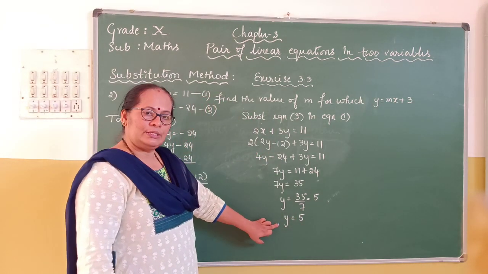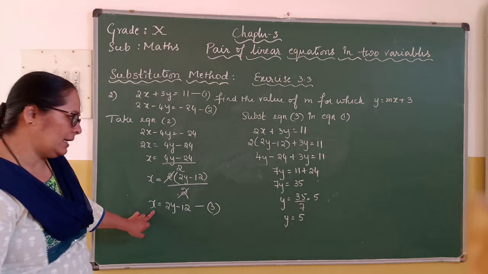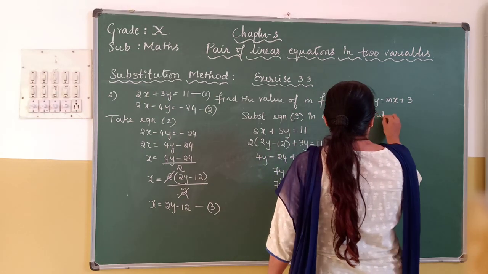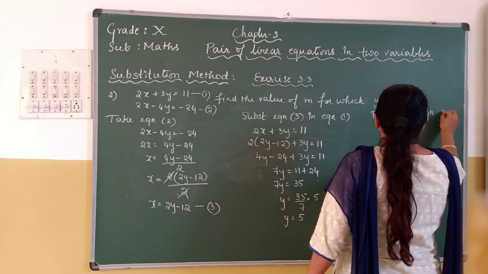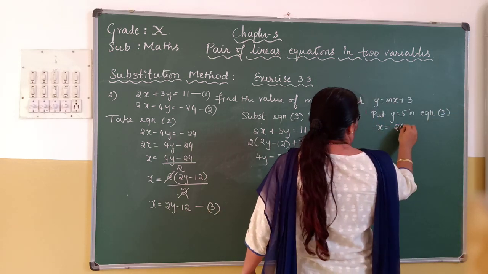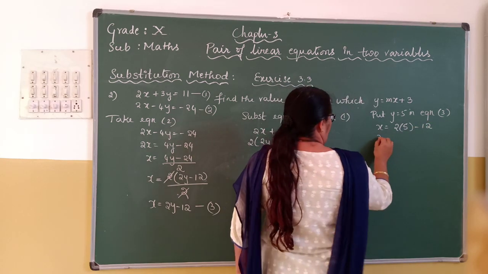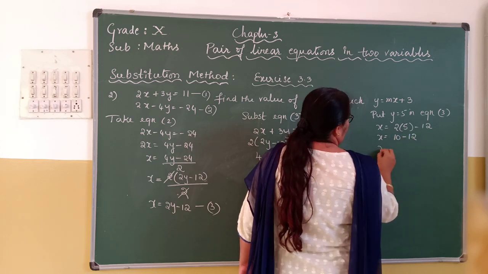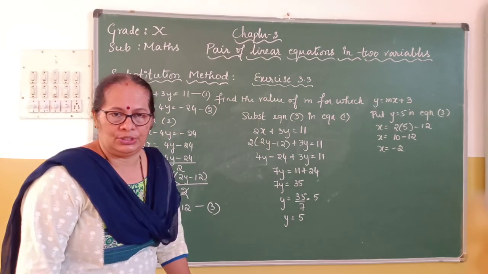When y equals 5, then you can find the x value by substituting in equation 3. So put y equals 5 in equation 3. So we get x equals 2 into 5 minus 12, which is 10 minus 12, which is minus 2. So x is minus 2.